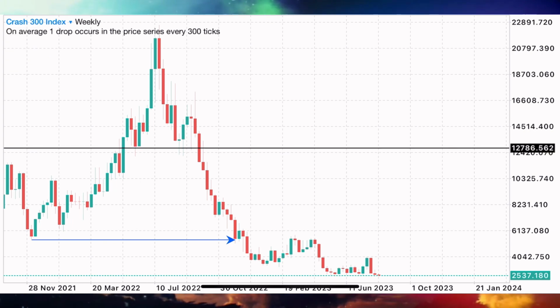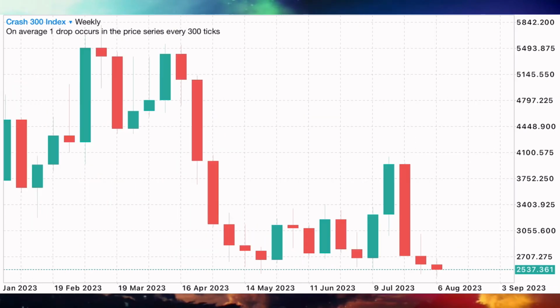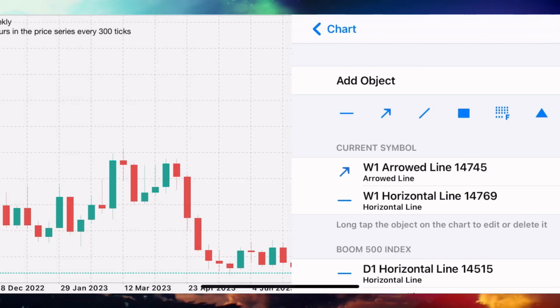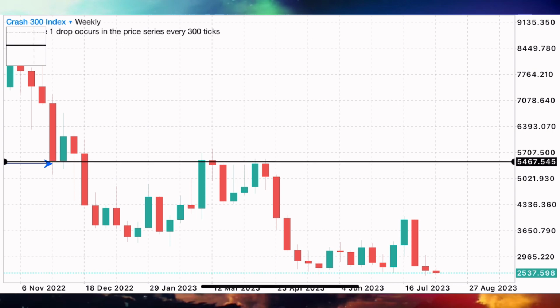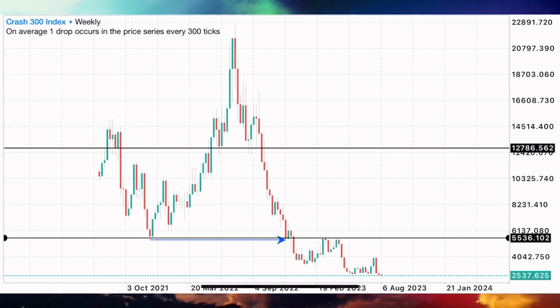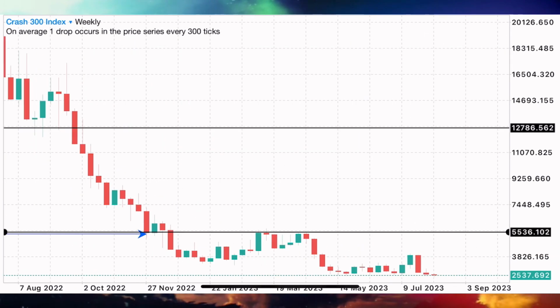For example, under synthetic pairs, there are safe haven pairs like your VIX 75 1S, your Boom 500. Those are safe haven pairs. Why? Because they're not so volatile, and you can even grow a small account trading those safe haven pairs.